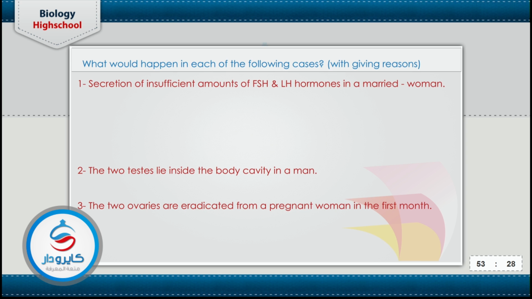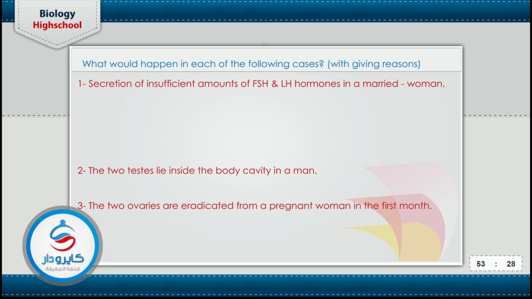When the question says insufficient or removing anything, I must look at its function. We know that FSH is secreted from the anterior lobe of the pituitary gland and stimulates the ovary to form a graafian follicle containing the ovum. Also LH is secreted from the anterior lobe of the pituitary gland and stimulates the graafian follicle to release the mature ovum and change into the corpus luteum, which secretes estrogen and progesterone. So an insufficient amount of FSH and LH leads to sterility of the female, or infertility.